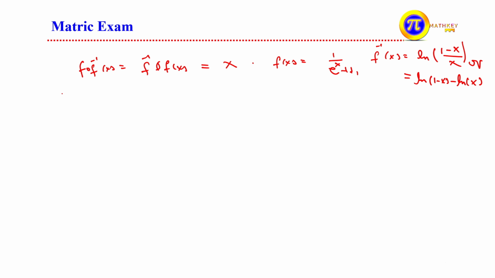So let's check f inverse of f of x. Instead of x, we have to take f inverse.